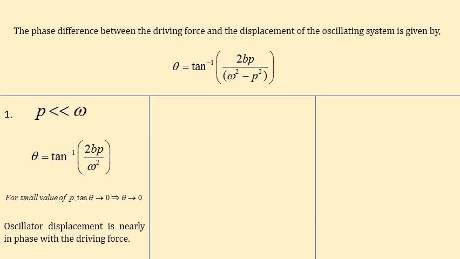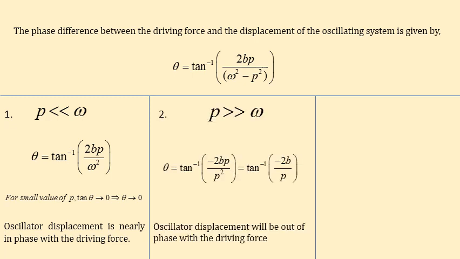Let us consider the second case where the driving frequency is much greater than the natural frequency of the system. p is much greater than ω. Then in the expression of θ, ω² - p² becomes -p².